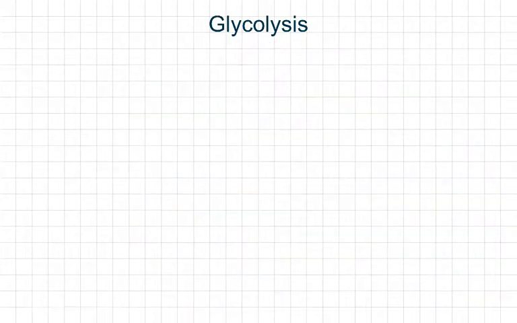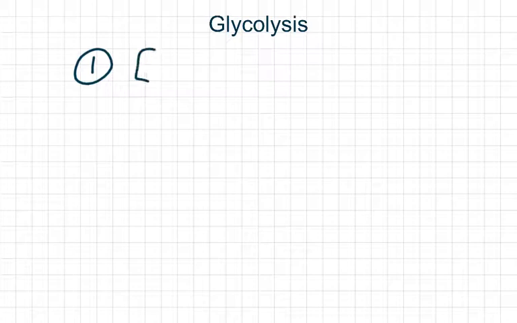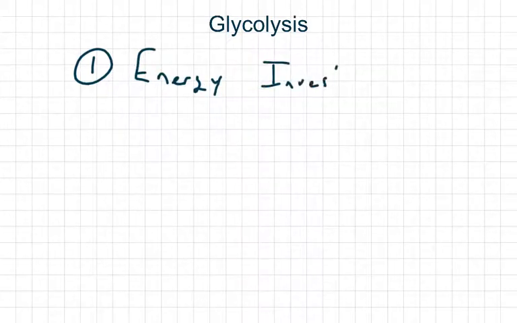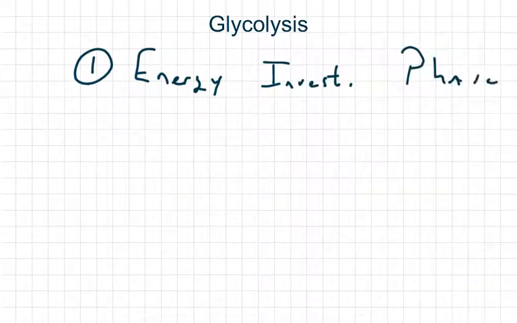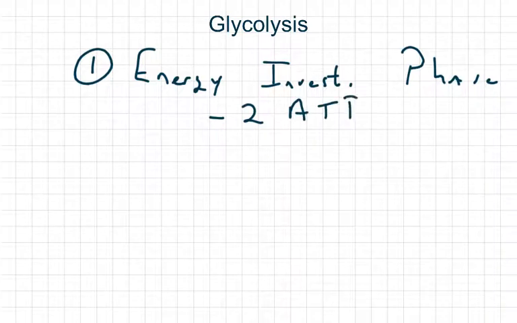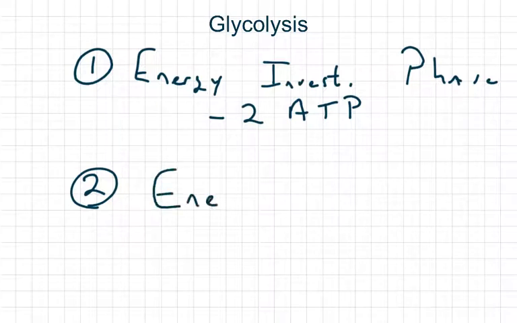Now, when we look at the steps of glycolysis, it can be broken down into two parts. The first part, or the first half of glycolysis, is called the energy investment phase. And during these first initial steps of glycolysis, we are adding in 2 ATP into the process. So basically the body is burning 2 ATP to get glycolysis going. The second half of glycolysis is known as the energy generation phase.